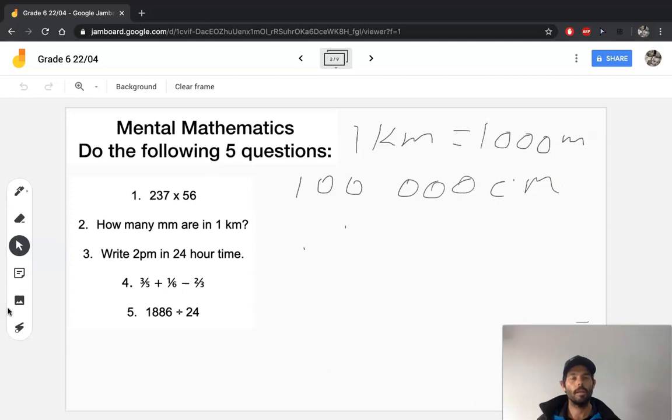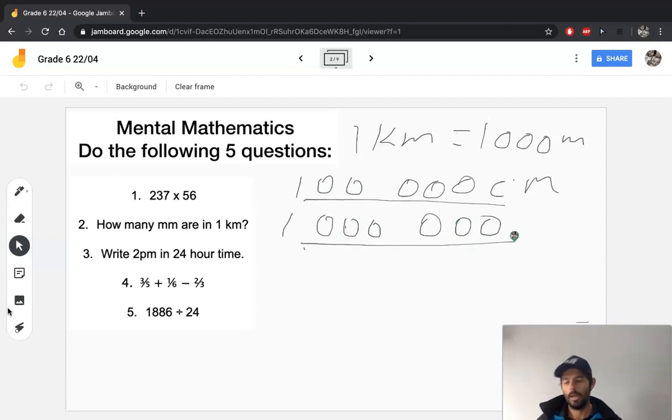And I know that there are 10 millimeters in a centimeter. So to get from centimeters to millimeters, I must multiply by 10. And if I multiply by 10, I need to add another 0. So you can see there are 5 zeros there and 6 zeros for millimeters. So it's 1 million millimeters.